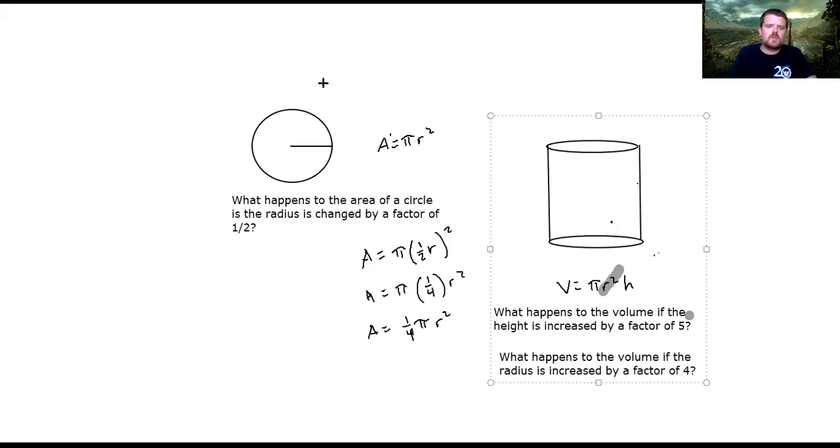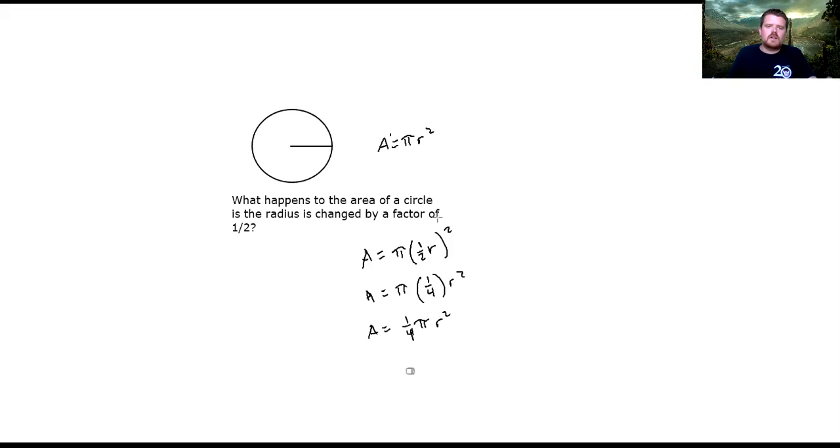So let me give you an example here. Let's use the same circle example. It says, what happens to the area of a circle if the radius is changed by a factor of 1/2? So maybe I forget the concept. I would just throw out a number. Let's say 10. So my original radius for the circle is going to be 10. So that would be pi times 10 squared, which is 100 pi.